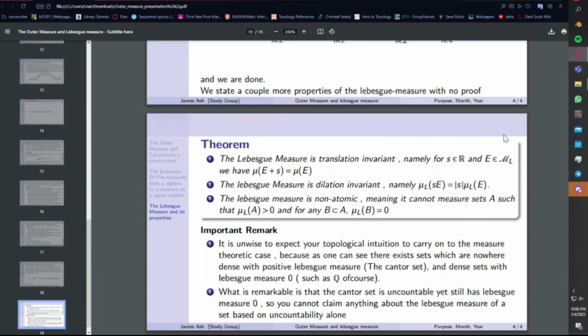Another thing I want to mention. Does that go for any subset of A? Even if we take A and take off a single point, you're going to get... Oh yeah, so that's the definition of an atom. An atom is a measure that verifies this property, and so there are atomic measures.